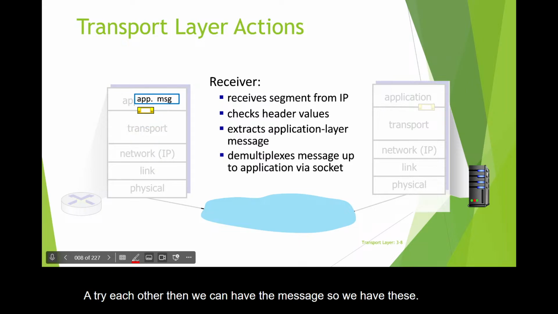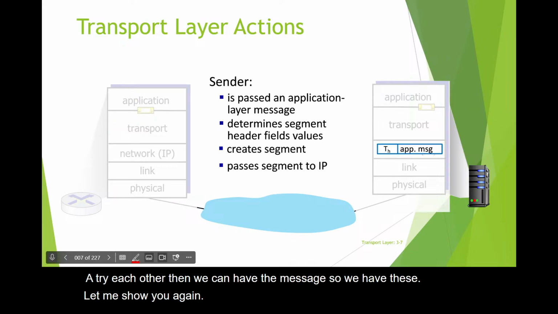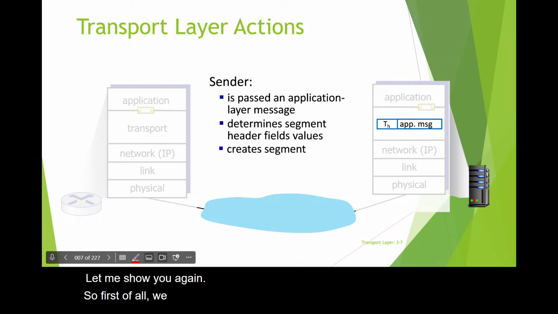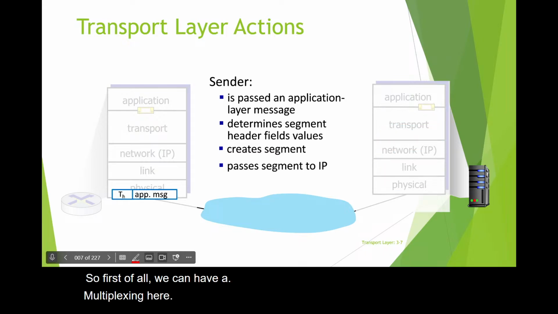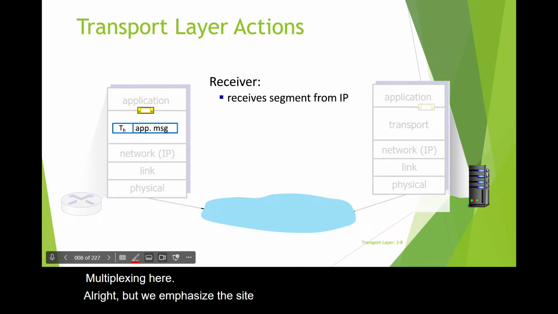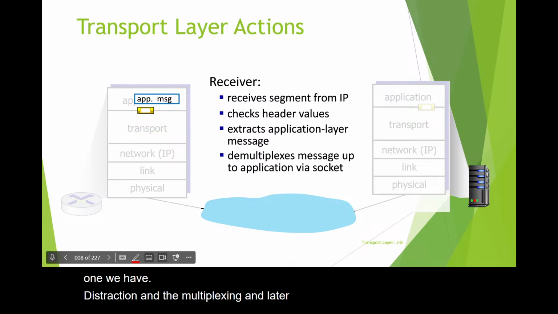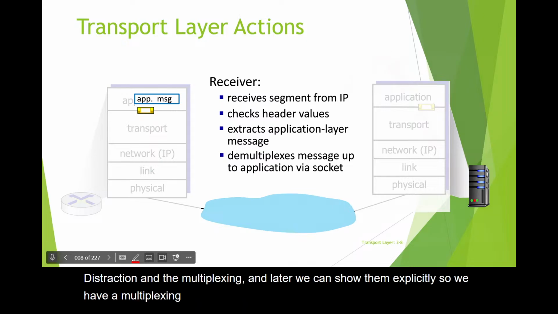Let me show you again. First of all, we can have multiplexing here. But we emphasize the side when you receive the segment. And this one, we have extraction and demultiplexing. Later, we can show them explicitly.